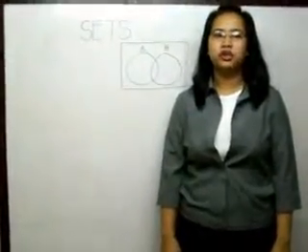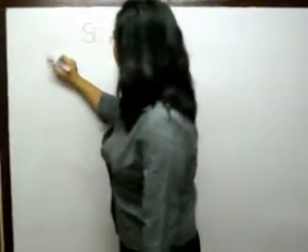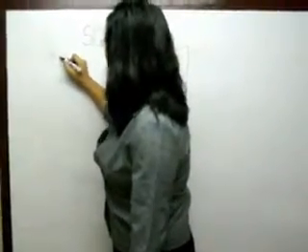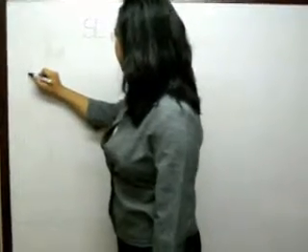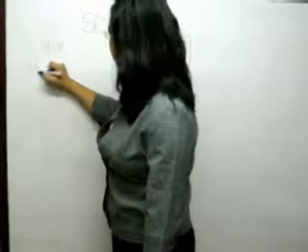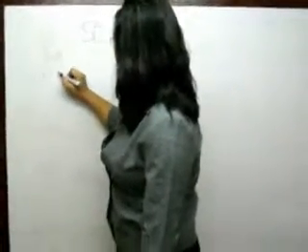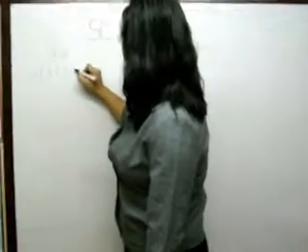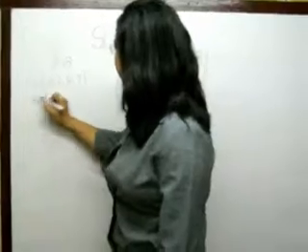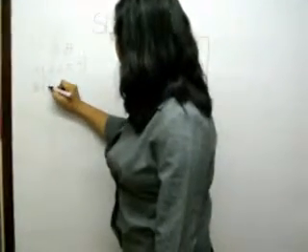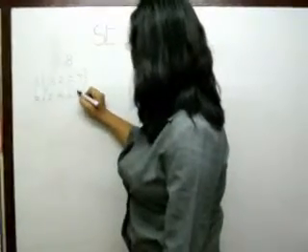Our next operation is the intersection of sets. A intersects B. For example, let's take set A: 3, 2, 5, and 7. For set B, we have 2, 4, 6, and 8.